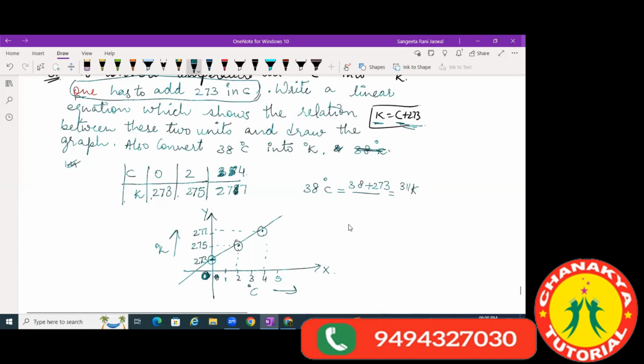Okay. You get it? See here, this is C plus 273 equals K.